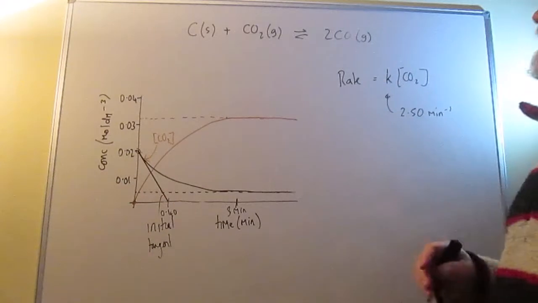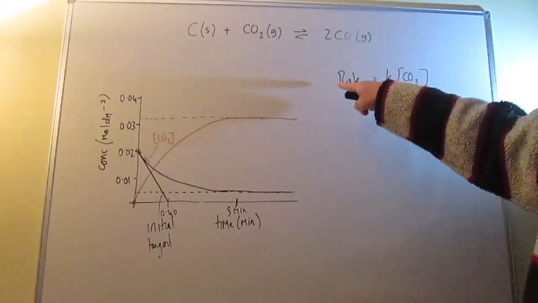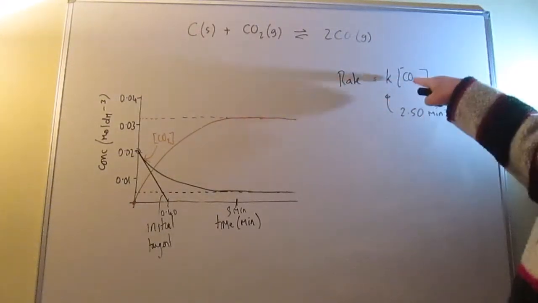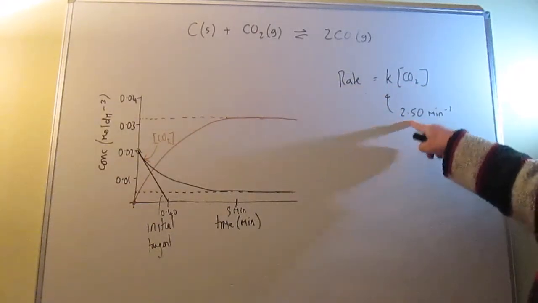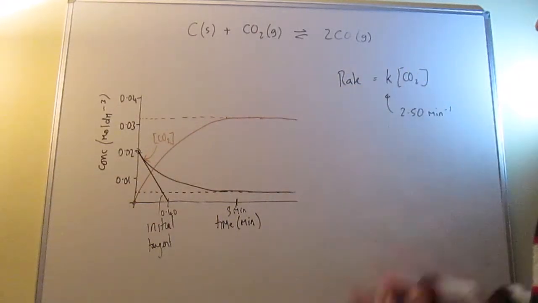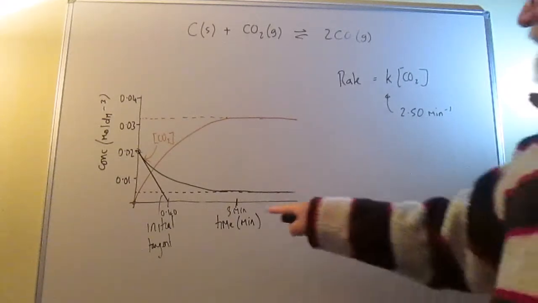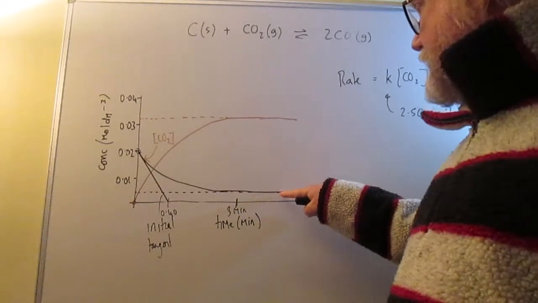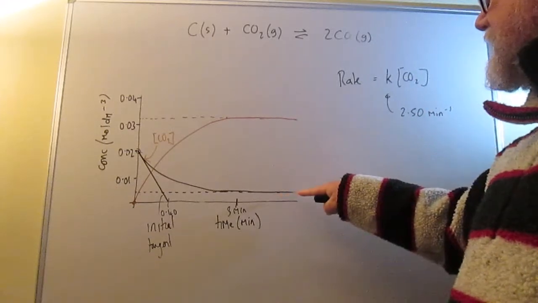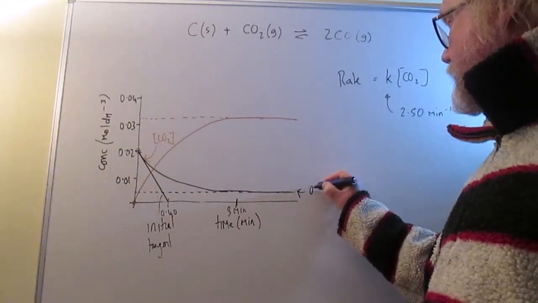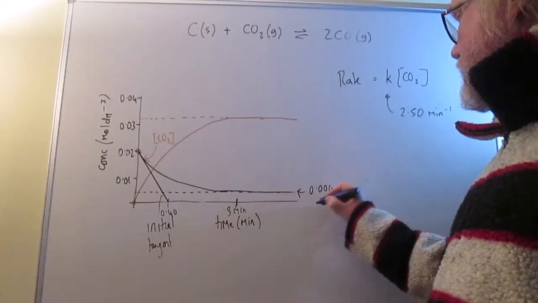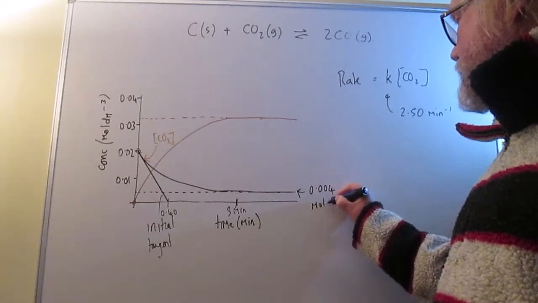What you have to do is just simply use the rate equation, okay? Because this rate equation says that whatever the CO2 concentration is, if we multiply it by K, whose value we now know, we get the rate. So actually, as long as you realise that, it's a very easy question, because at 3 minutes, the concentration of CO2 is that limiting concentration of 0.004 moles per dm cubed.